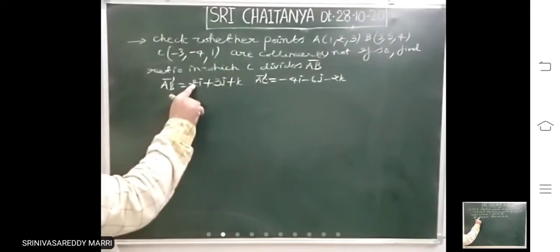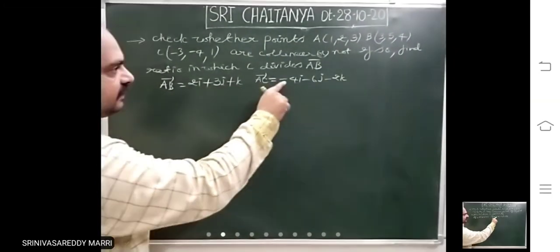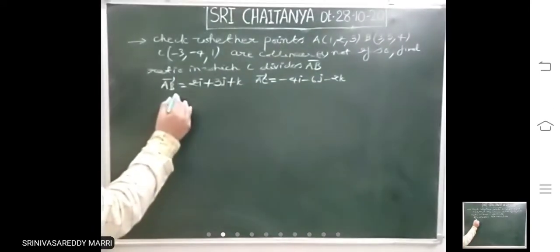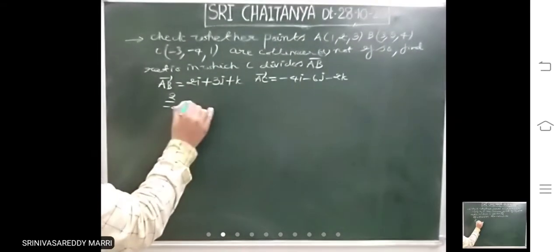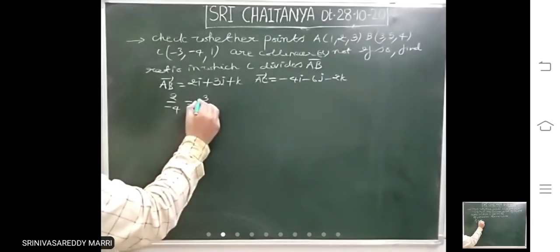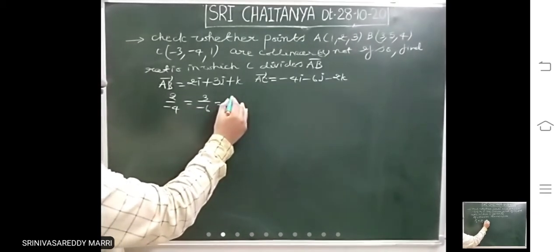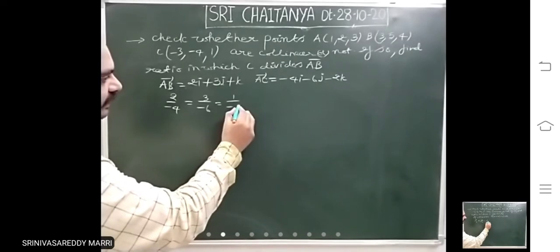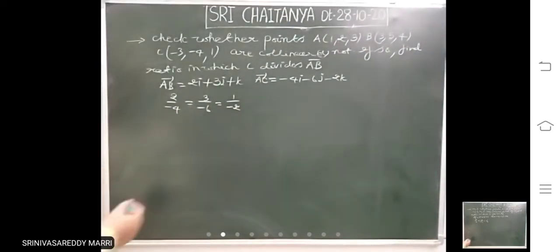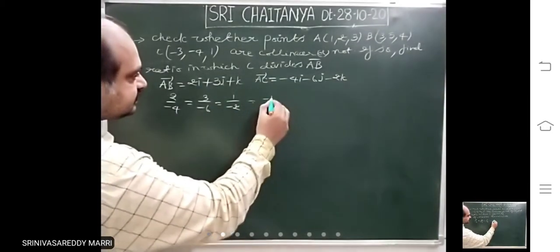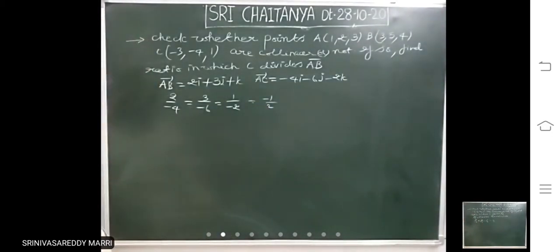How to check? This is A1, A2, A3 and B1, B2, B3. Find the ratio A1 by B1, and so on, as in vectors we have done: 3 by minus 6 equals 1 by minus 2. If these 3 ratios are equal, then they will be collinear. All these ratios are nothing but minus 1 by 2 only.